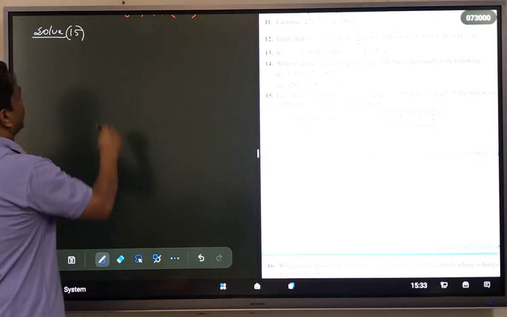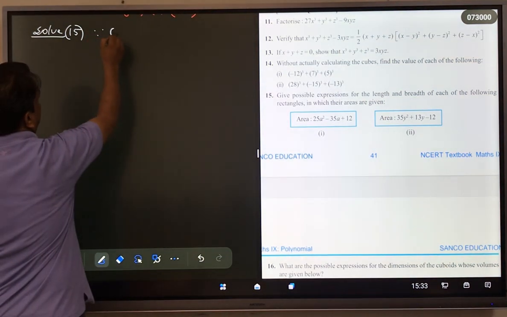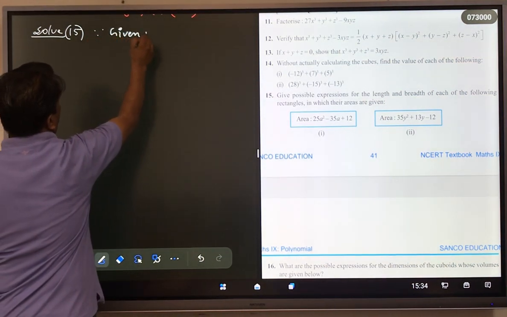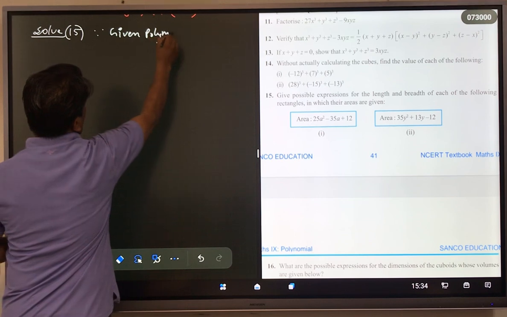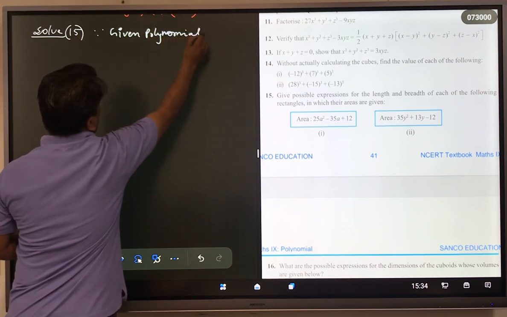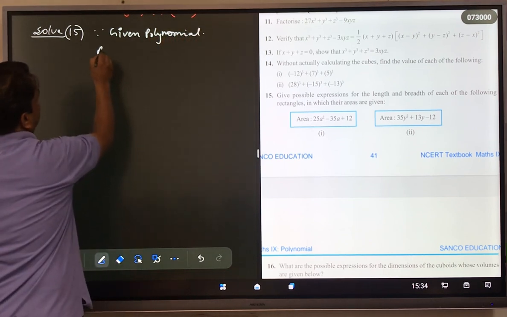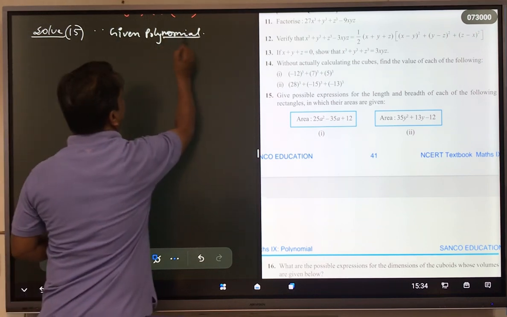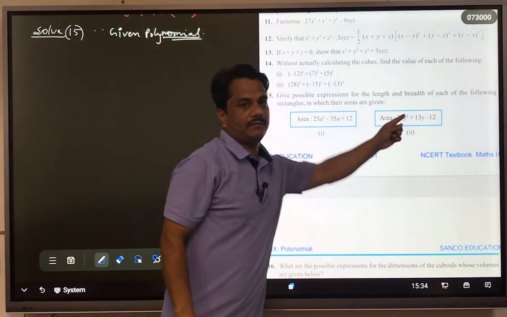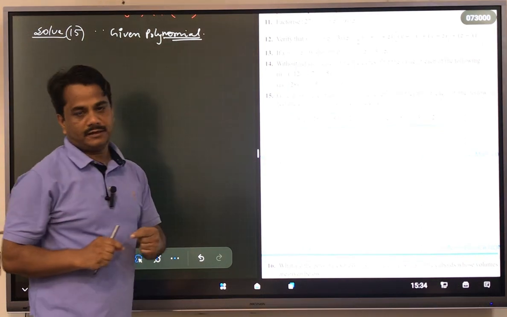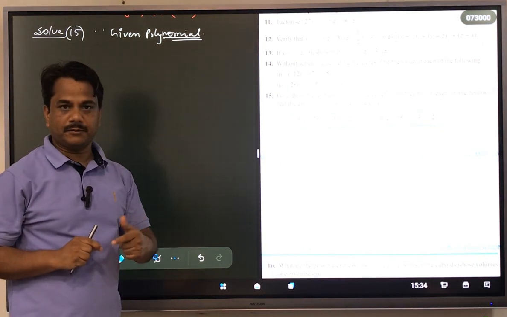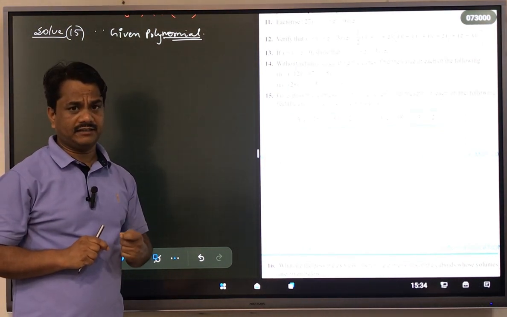So here a polynomial is given. What is the given polynomial? Suppose the given polynomial is an area polynomial, right? Because this polynomial is giving the information about the area's dimensions, length and breadth.